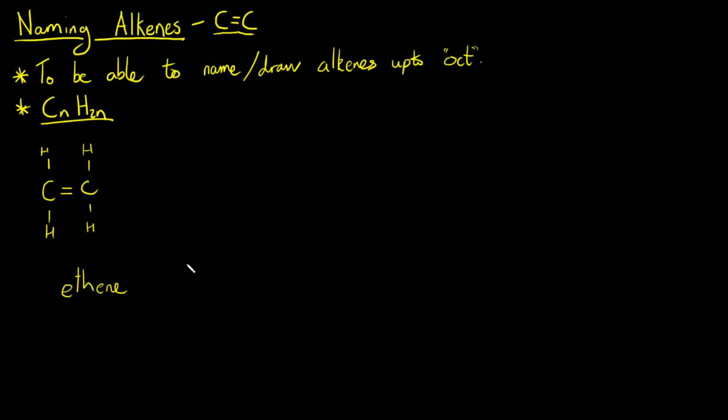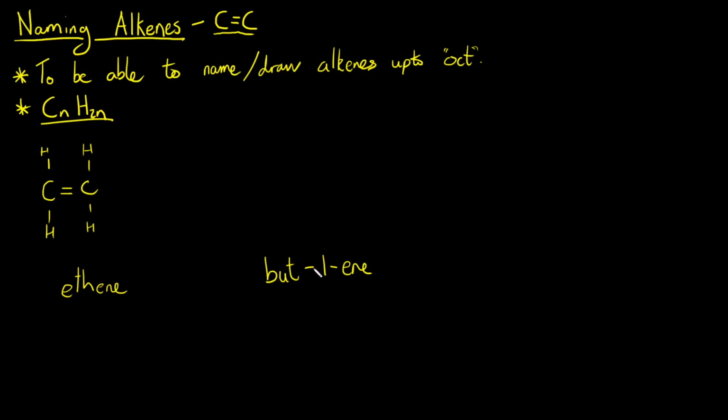What you're going to come to see quite commonly put into the names of alkenes are numbers. You wouldn't get a number in this example, I'll explain why in a second, but let's say we took a different alkene. Let's say we had butene, and they represented it like this: but-1-ene.